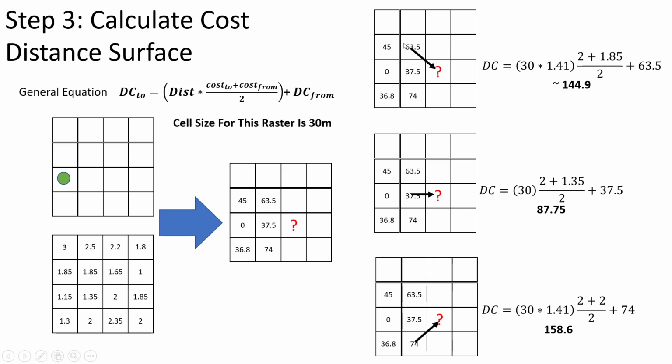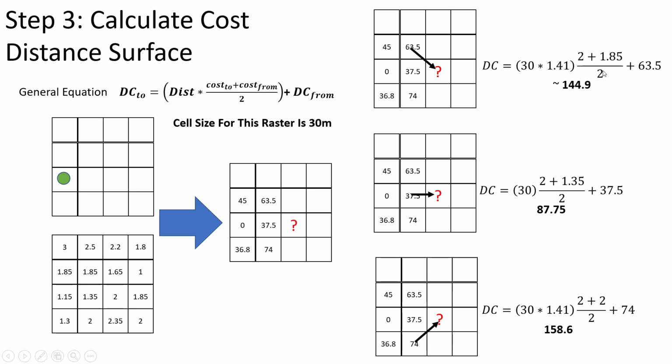So going from this cell to this cell, what we're doing is the exact same calculation we did before, right? We're including that diagonal factor here. We're pulling in the cost of both of these cells. So 1.85 for this cell, 2 for this cell, because this cell's value is 2 here.